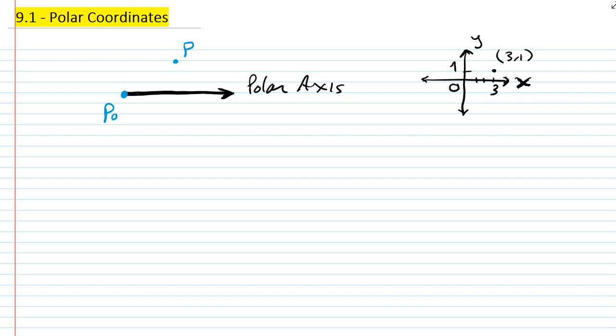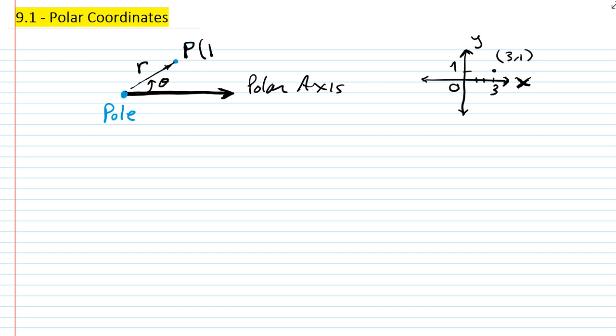So this is where the pole is. The point P here has a representation by means of a distance from the pole, which we use r for, and the measure of an angle theta.